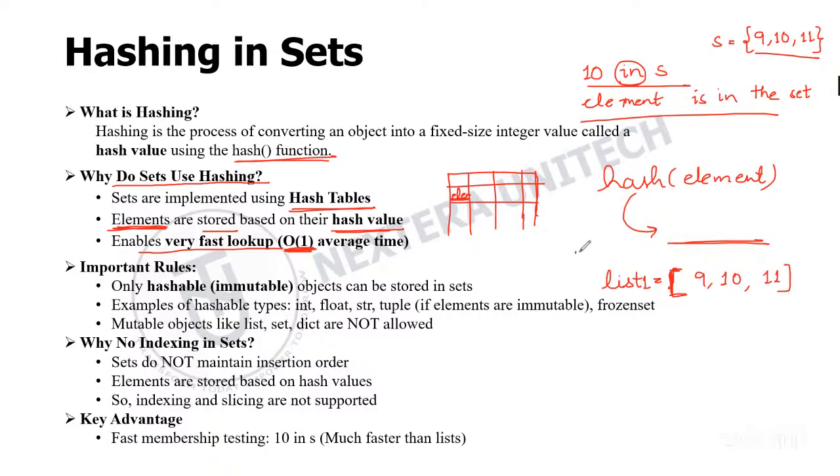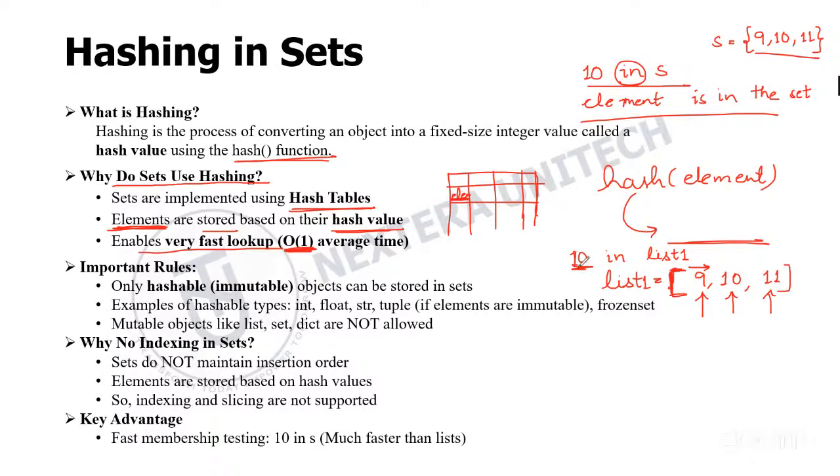If I want to check if 10 is in the list, firstly it will check 9, compare, and then move on and check all the elements in the list. Python will check the elements one by one from beginning to ending, until it finds the element.